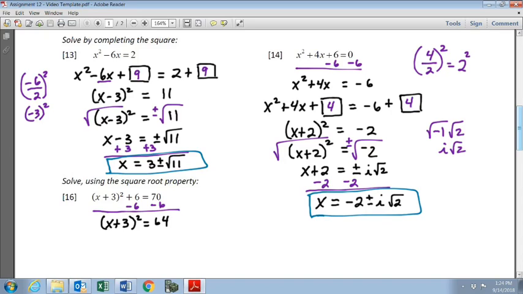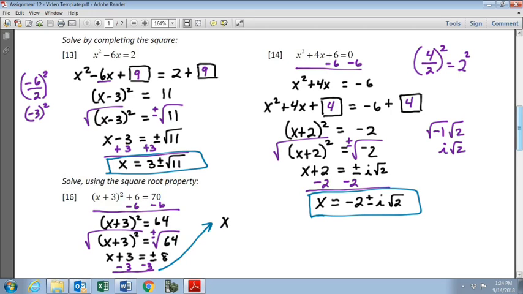And so let's go ahead and take the square root of both sides. So we're going to get x plus 3 on the left and plus or minus 8 on the right. To get x by itself, we're going to subtract 3 on both sides. So you're going to end up with x equals negative 3 plus or minus 8.